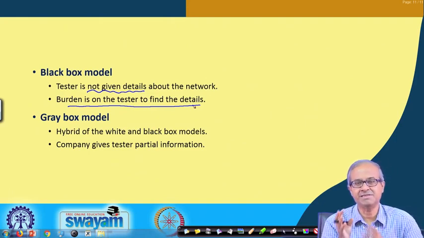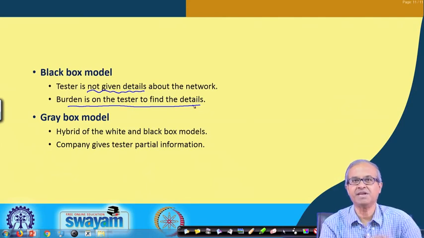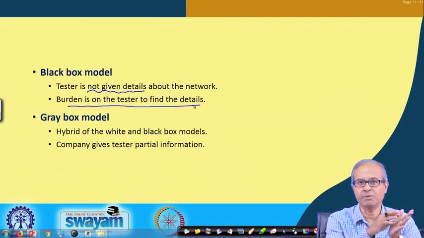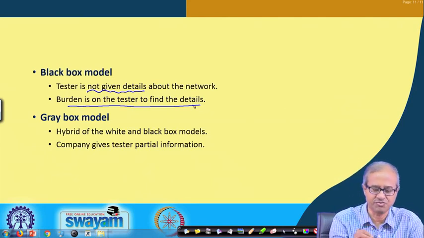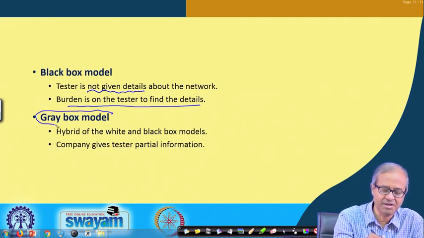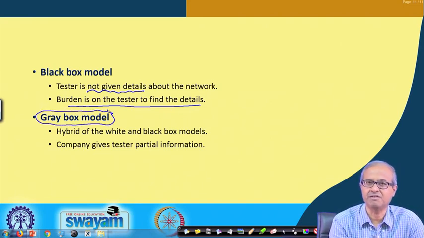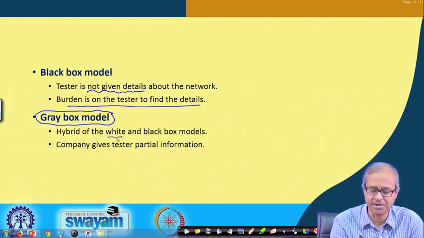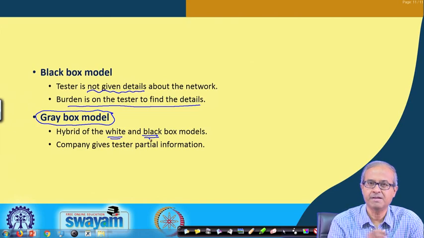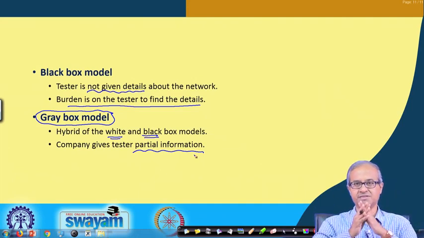In practice, usually we have something in between. We do not have white box, and we also do not have black box. We have something called the gray box model. What is the gray box model? It is a hybrid of the white box and black box models. The company will provide the tester with partial information about the network and the other things.